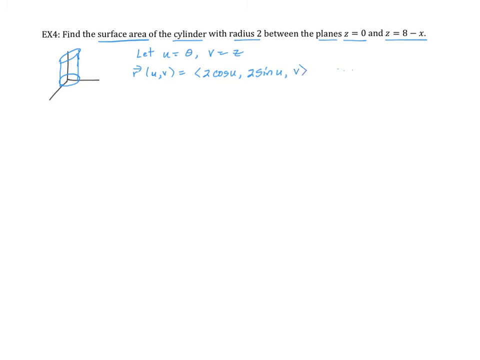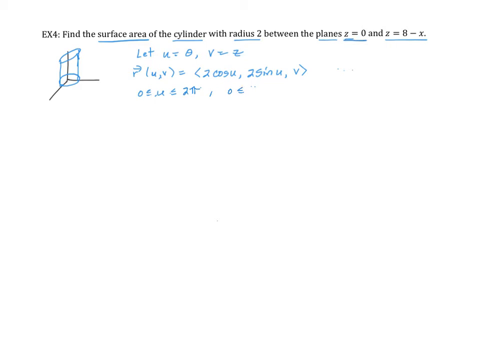Now all I have to do is figure out the limits of integration for my u. Since it's theta, it's going to go from 0 to 2 pi. And then my v values, I just followed the z values that were given.